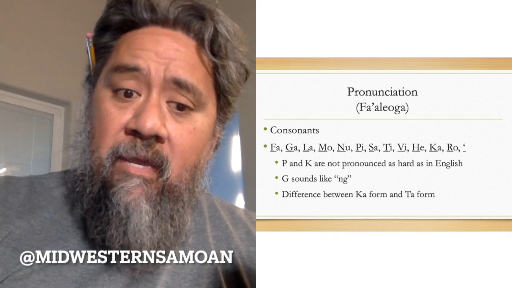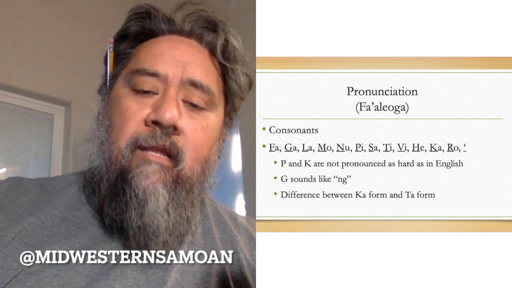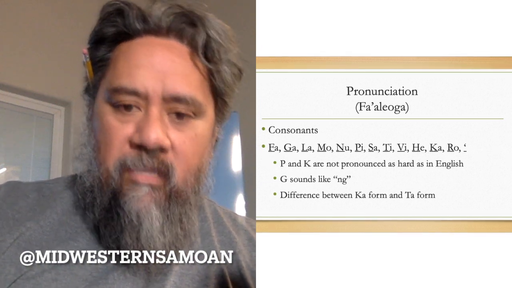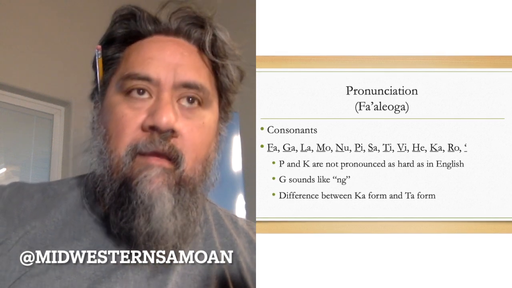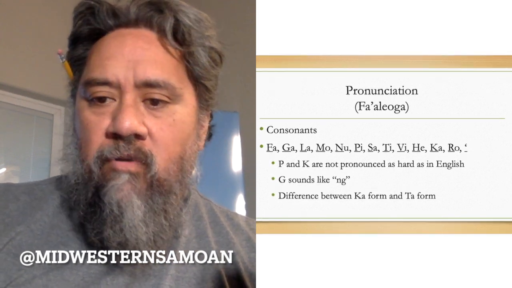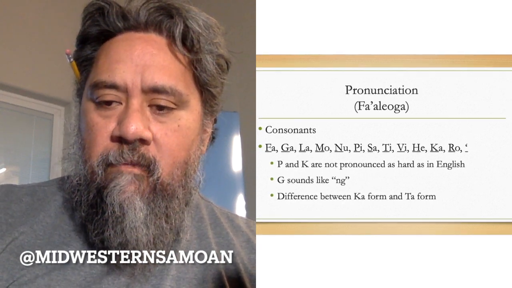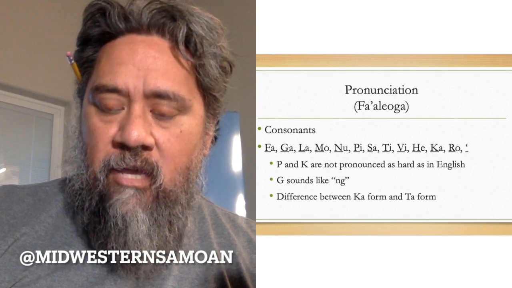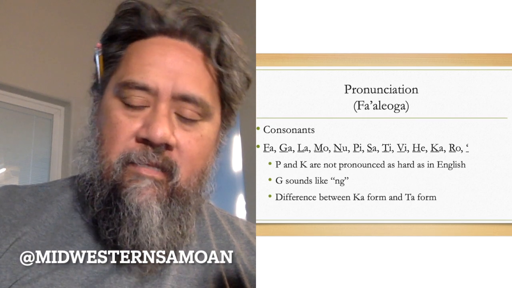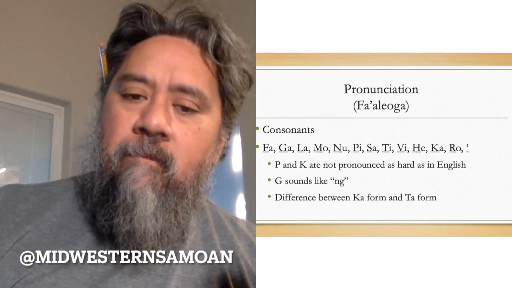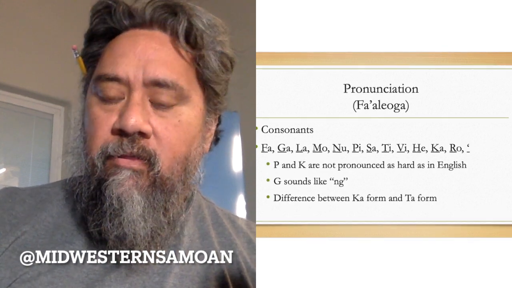I put down here the P and the K. They're not pronounced as hard as you would pronounce them in English. Like if you see the word ka, in English you'll say ka. Like the word for cook in Samoan is kuka, right? If you saw that, you'd want to say kuka. But the K's are not that hard, and the P's also are not as hard either.